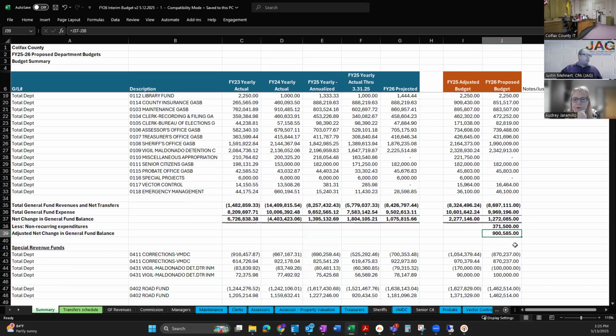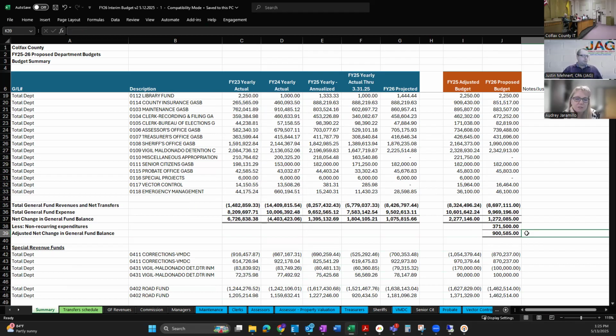And within that number, I just want to point out to the commission that this is maintaining everything that they had in last year's budget as far as the positions that are vacant and may have changed, or the commission may want to change for FY26.